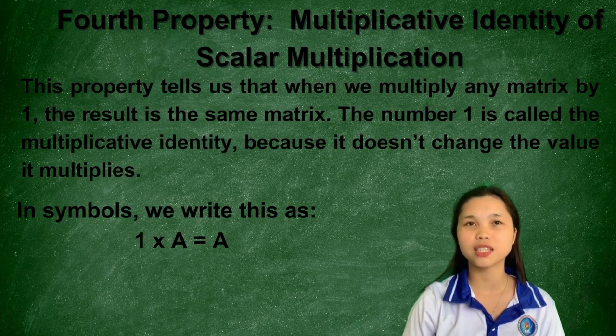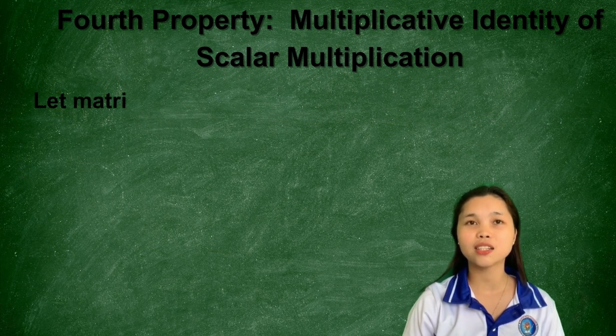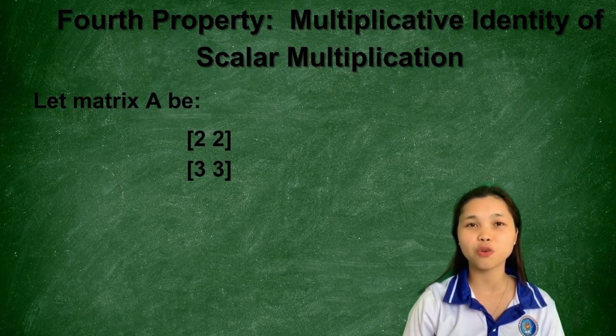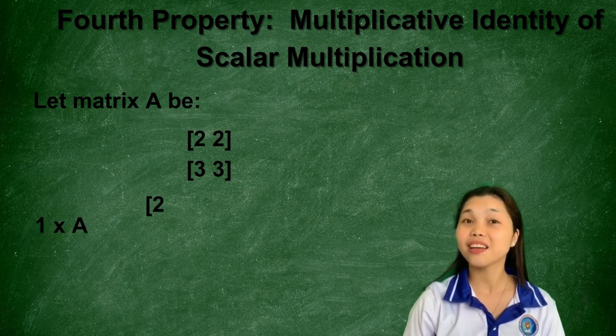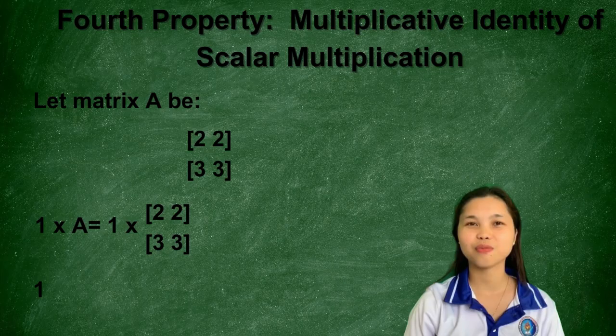Let's take this for example. A matrix A containing the entries 2 and 2 in the first row and 3 and 3 in the second row. Now, let's apply the identity. 1 times A. 1 times 2 is equal to 2. 1 times 2 is equal to 2 as well.